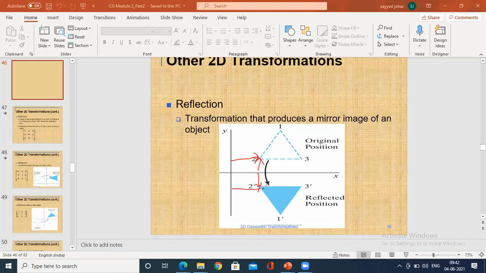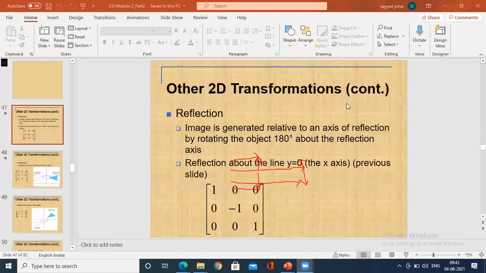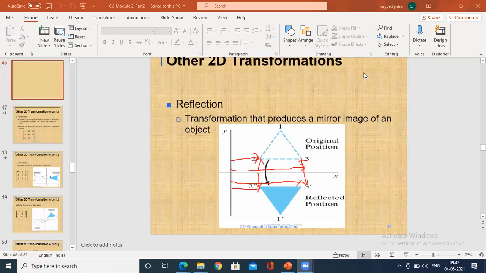So reflection along the x-axis, x equals 1. Here the distance from here to here is 3, and here to here it is also 3, whereas y changes. So this is what you have to write: the minus will go in the negative y direction.